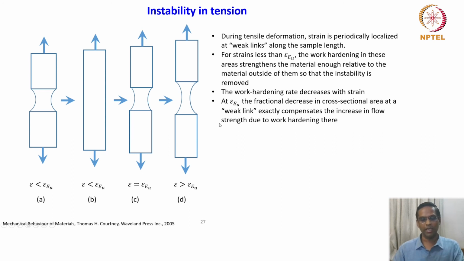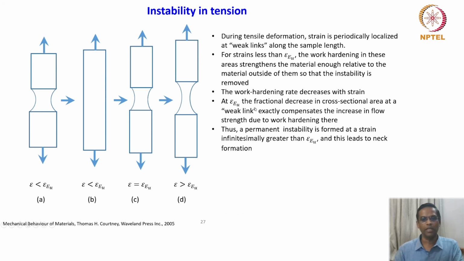So it is something like what we have just seen: d sigma by d epsilon is equal to sigma. This is what it is. The moment that condition is reached, the necking begins. Thus, the permanent instability is formed at a strain infinitesimally greater than epsilon EU, the strain at the maximum load. And this leads to neck formation.